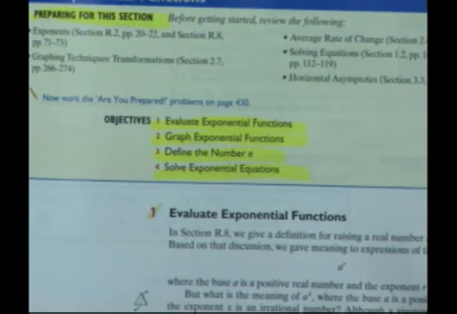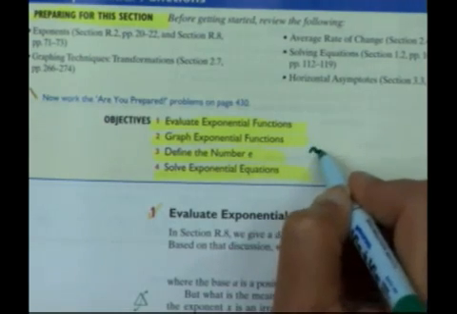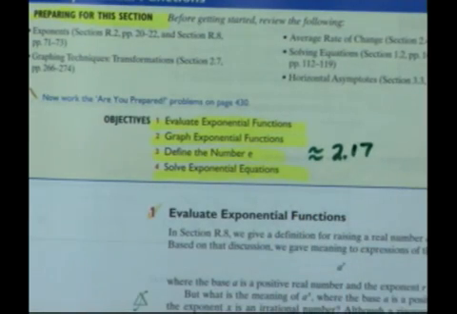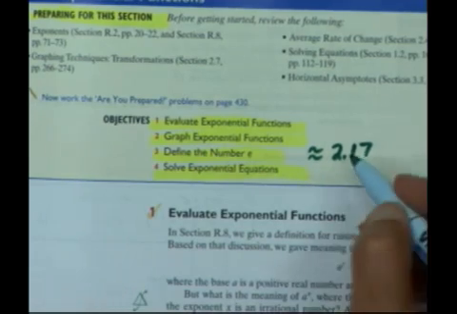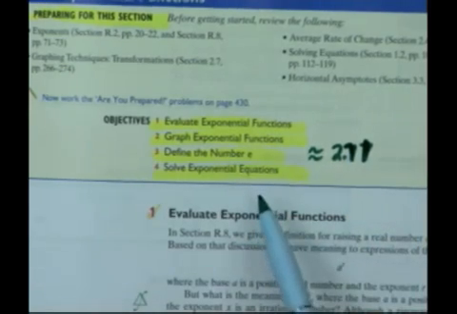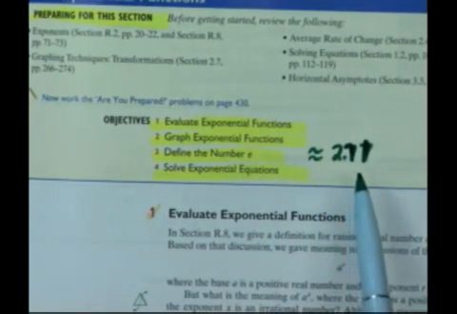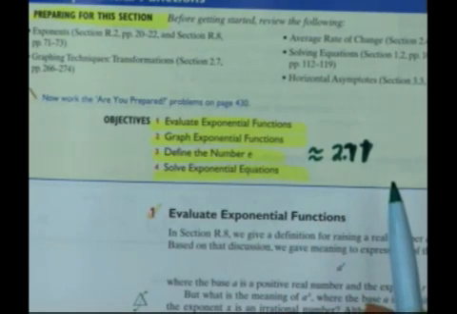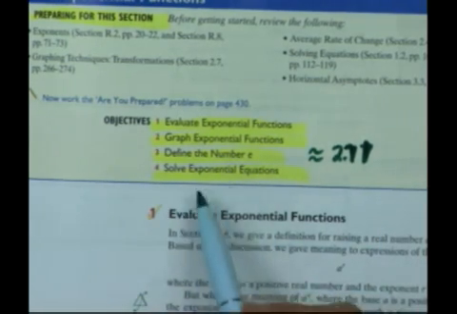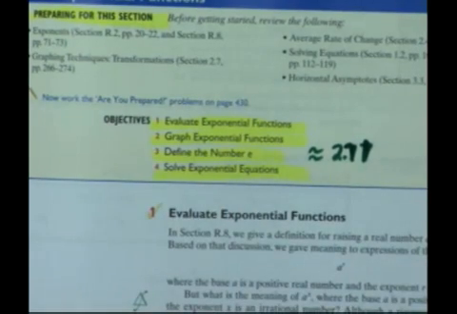Like 2.17 or something. Is it 2.17 or 2.71? 2.71. Okay, e is a number that's about 2.71. It is one of those irrational numbers like pi. The decimals never repeat, never terminate. And then we want to practice solving some exponential equations.